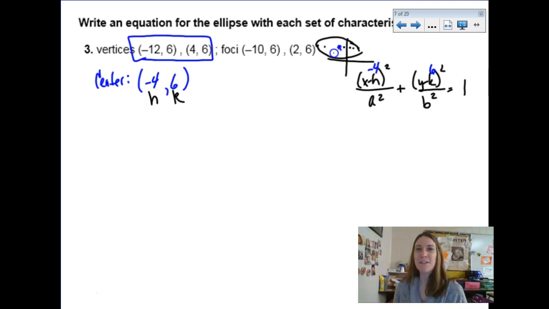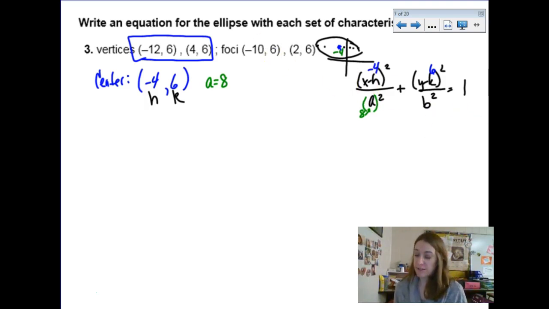So if the center is at negative 4, which we just found, you can go to either endpoint, it is a distance of 8 units from either endpoint. So the a value is a distance of 8 units. So when I go to the formula here, we're going to plug in a equals 8, and we'll get a 64 down here. That was just a. I should probably mark that so I don't get confused.